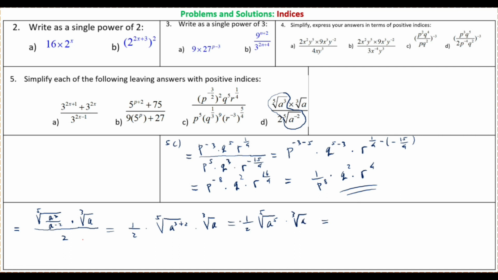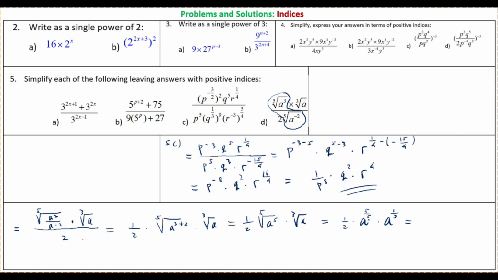which equals 1 over 2 times a to the power of, now we convert this into index form, 5 over 5. So 5 over 5 is 1, times a to the power of 1 over 3.